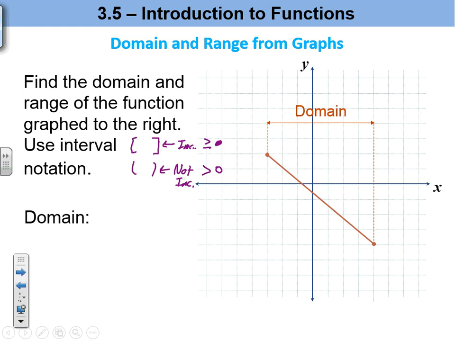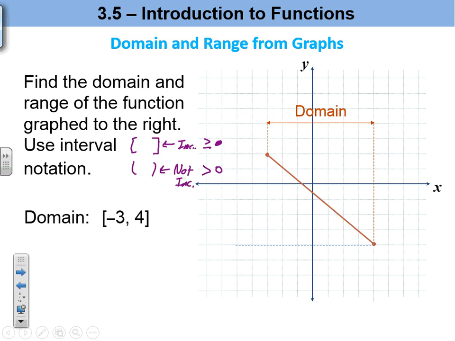So here, because the number furthest to the left has that solid dot, we'll use the bracket. And the number all the way to the right has a solid dot, so again, we use a bracket. The number to the left is -3, the number to the right is +4. So that is the domain of this particular function.